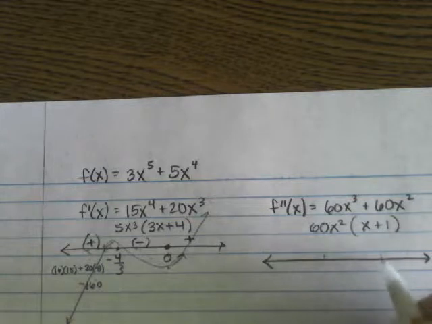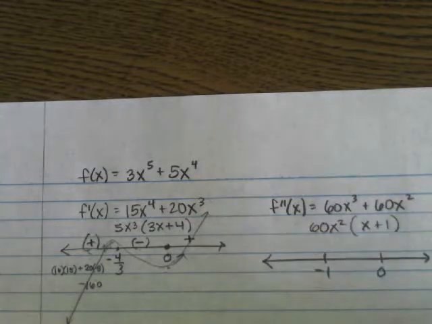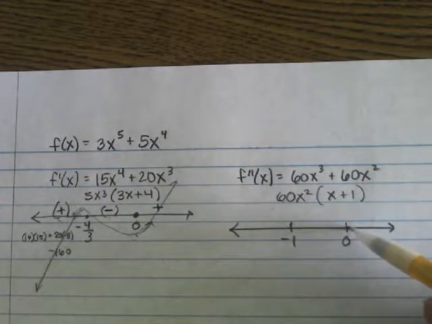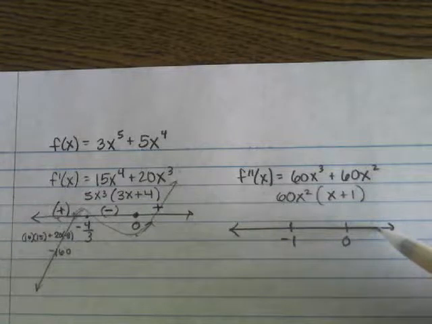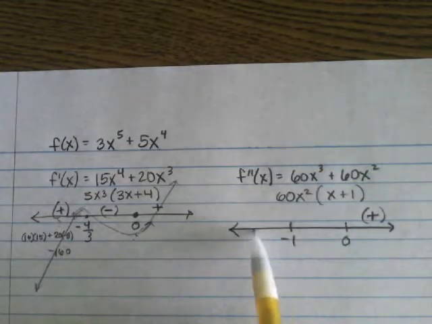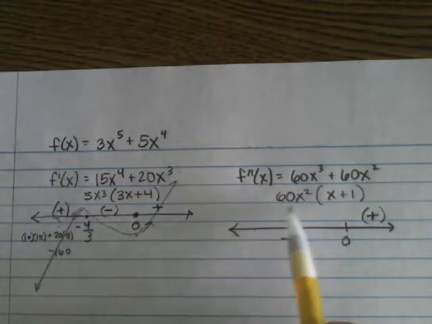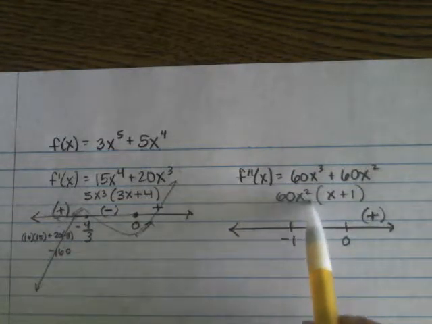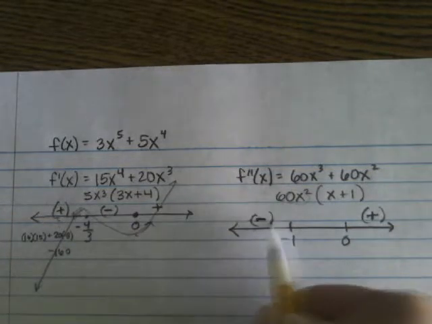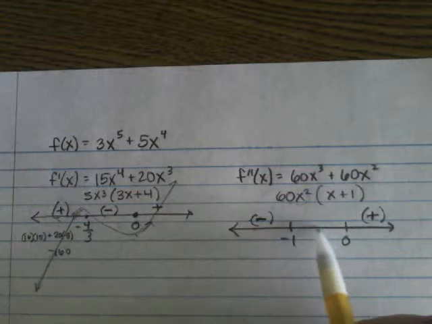Okay, so if I plug in a 1, I get a positive times a positive. If I plug in a negative 2, I get a positive times a negative, which is a negative. And if I plug in a negative 1/2, I'm going to get a positive times a positive, which is also a positive.